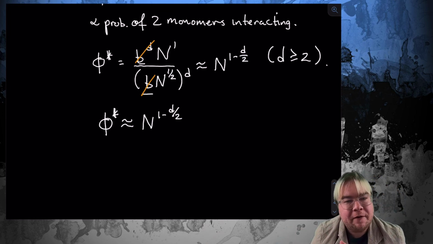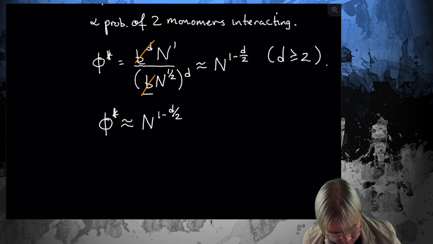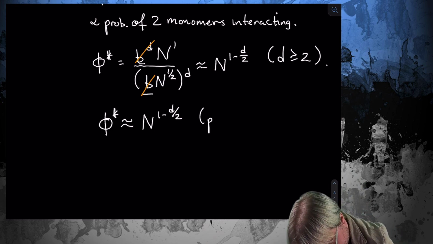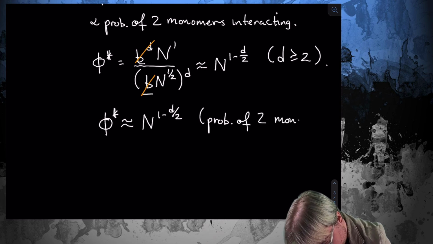And what else? Well, if I want to know the number of contacts, so this is the probability of 2 monomers seeing each other.